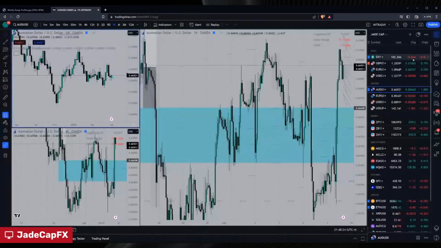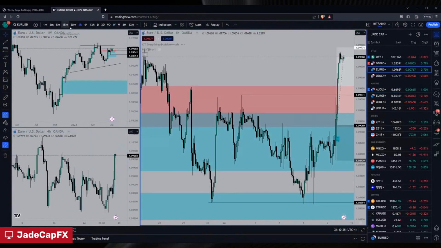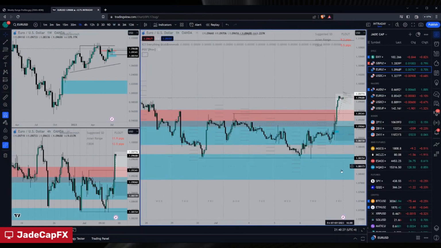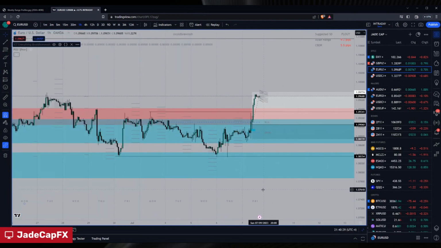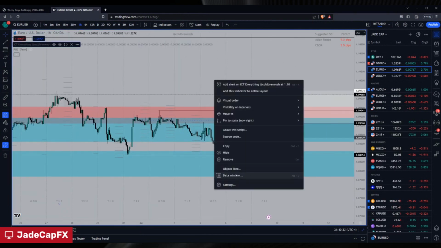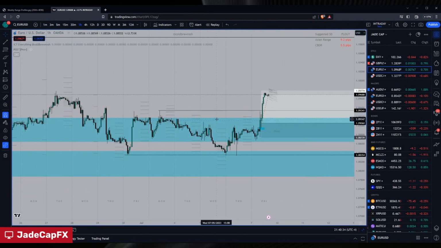If we go over to an example, let me zoom in here. I'm just going to remove a lot of this information. I probably don't need to see all this stuff.